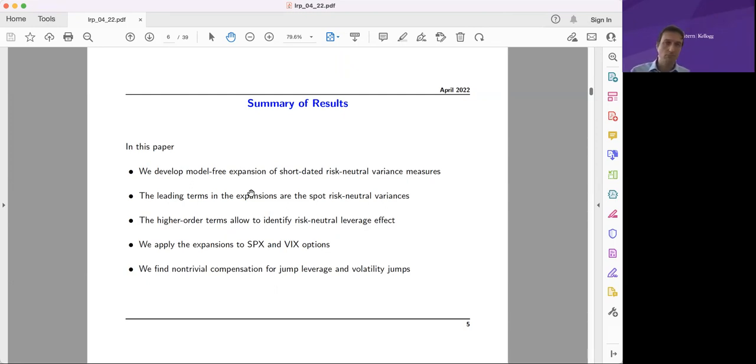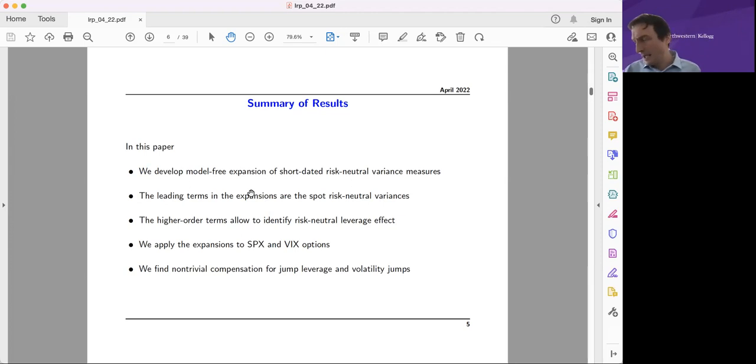What this will allow us is to pin down the compensation for jump risk, where you control for all these time-varying intensity type effects, and also to identify the leverage effect, or the priced leverage effect, I should say, because it will be something under the Q measure.